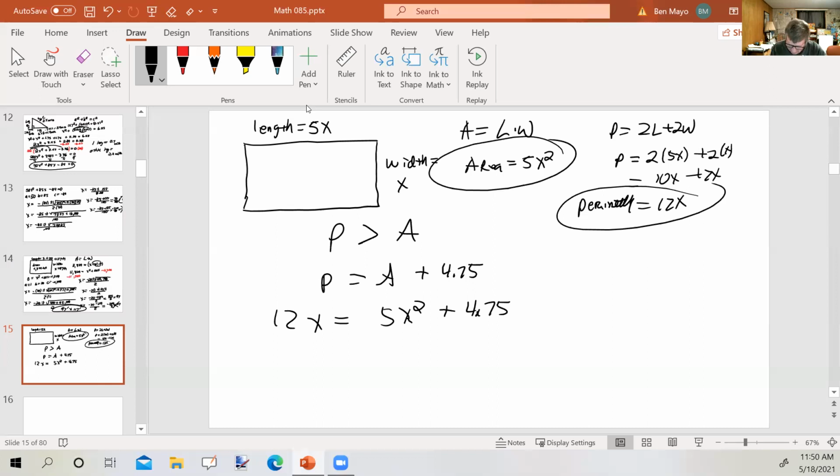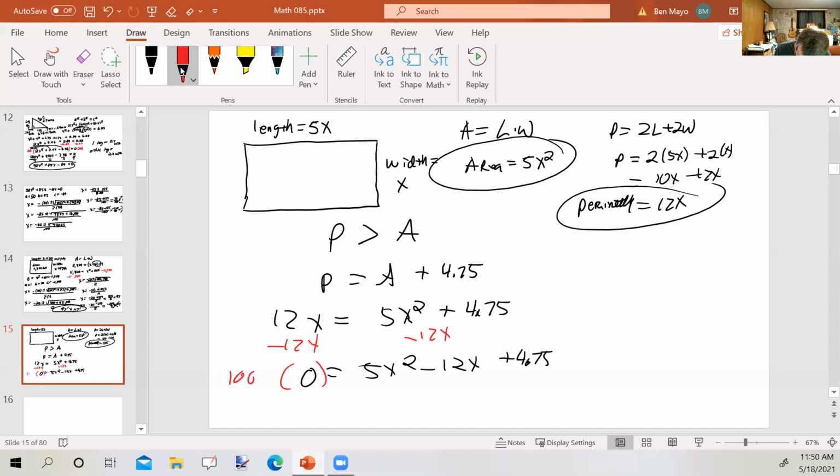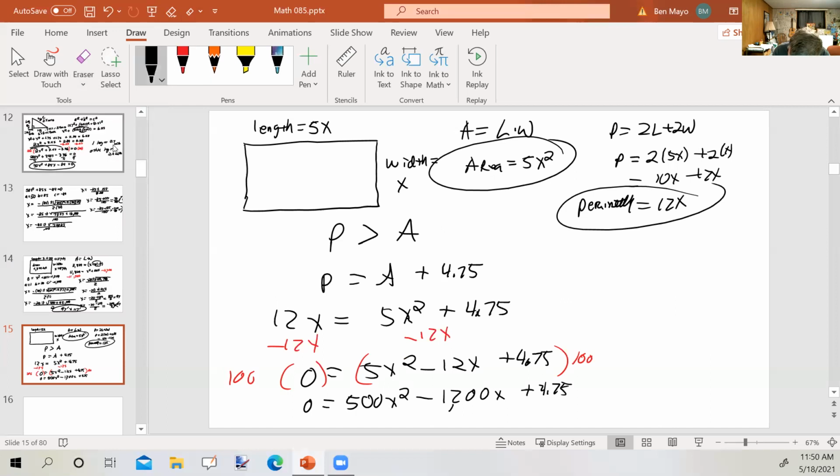Now, let's subtract 12x from both sides. So we get 0 equals 5x squared minus 12x plus 4.75. Let's multiply both sides by 100. So we get 0 equals 500x squared minus 1200x plus 475. 475, not 4.75.